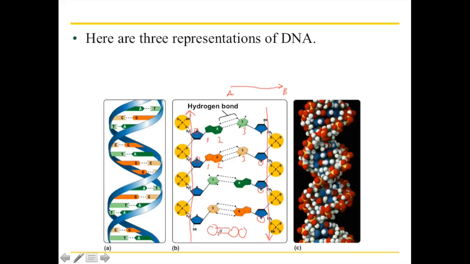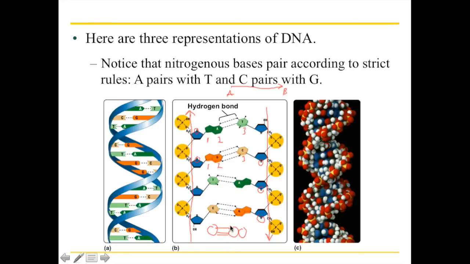And then there's some hydrogen bonding. And it turns out when you look at how this pairing works, there are strict rules. You find that the A always pairs with the T because only there can you make the right kinds of hydrogen bonds that would actually attract and hold together the individual strands on both sides of the DNA.